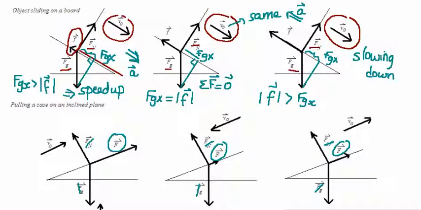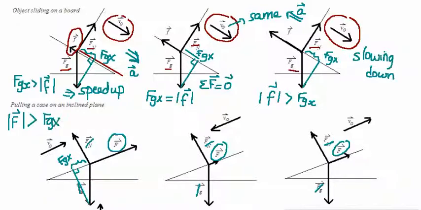So we need to draw carefully the triangle that gives us FGX. In the first case, we see that the magnitude of force F is larger than FGX.